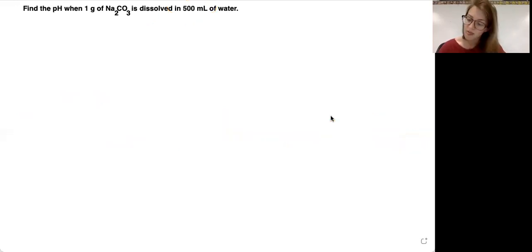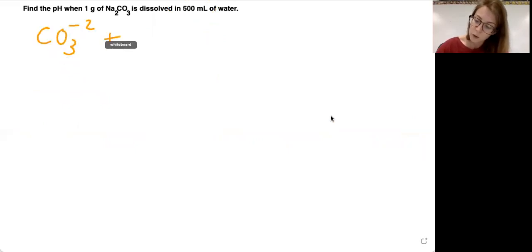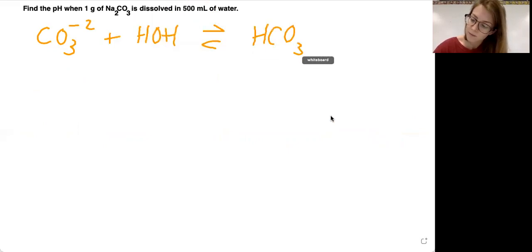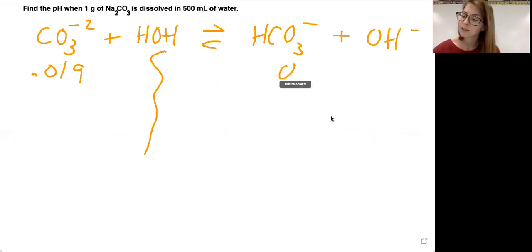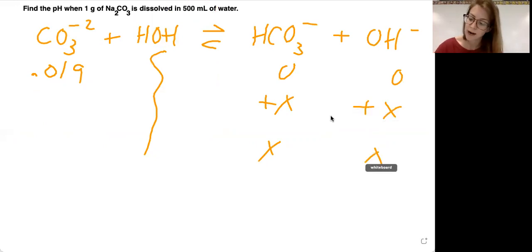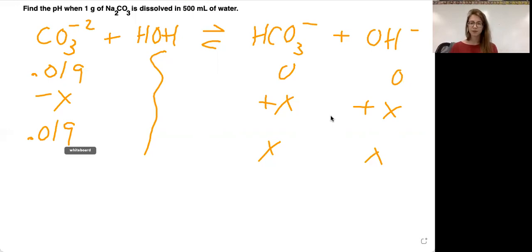So if I go back to that reaction that I had, it's the carbonate reacting with water. I can fill out my ICE chart. For carbonate, I now know its molarity is 0.019. 0, 0, plus X, plus X. I'm just doing a regular old weak base problem. Nothing different here.